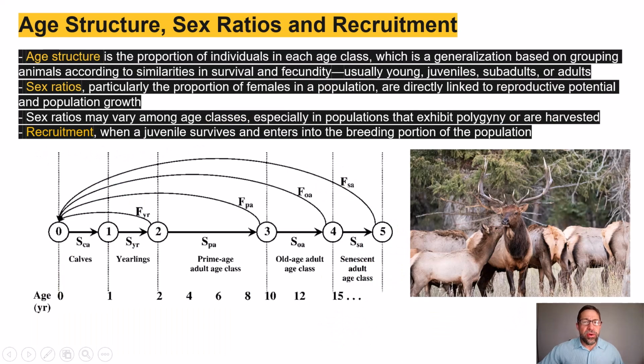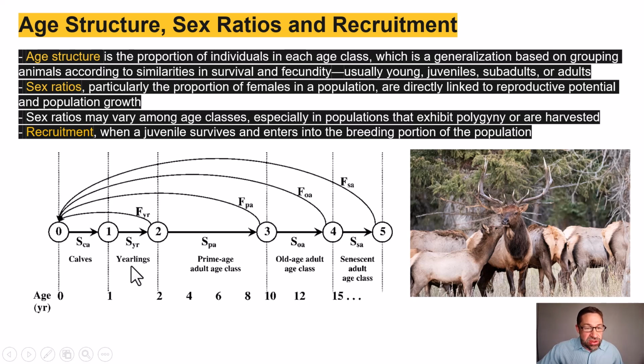So what other inherent characteristics of the population should we consider? Well, age structure and sex ratios are a very good place to start, as these vital rates can dramatically impact mammalian population dynamics. By age structure, I just mean the proportion of individuals in each age class.